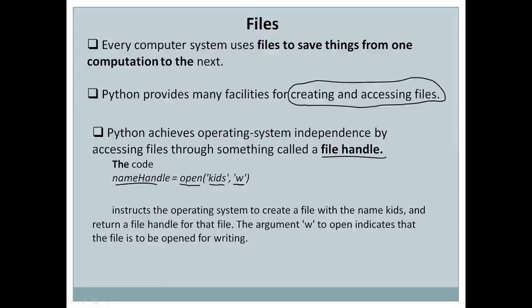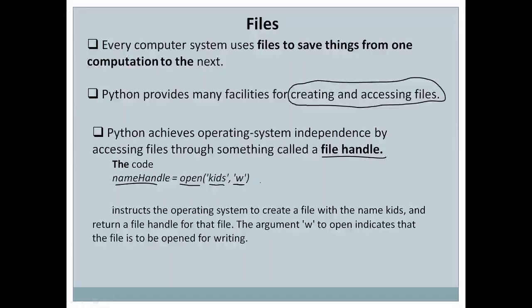So this function creates a file, opens it in write mode, and creates a link to that file, and it will store that link or handle to that file in a variable called name handle. Once you have a handle to a particular file, you can read or write from the file.